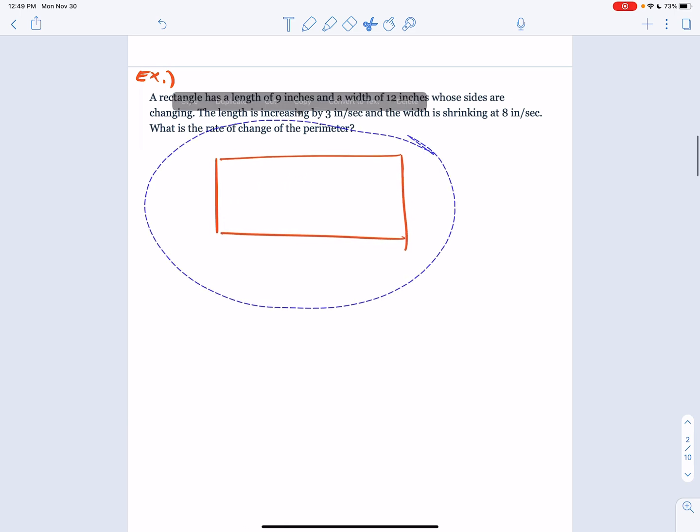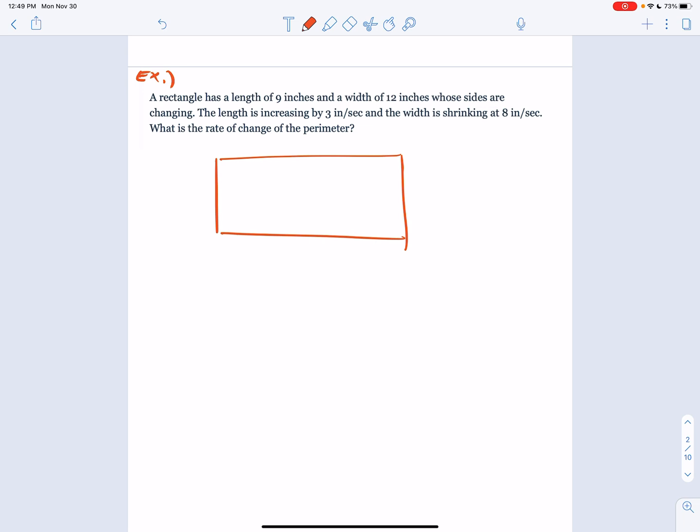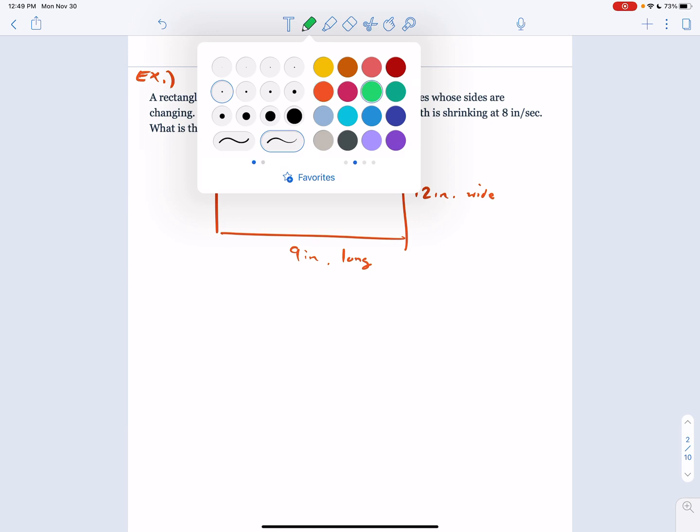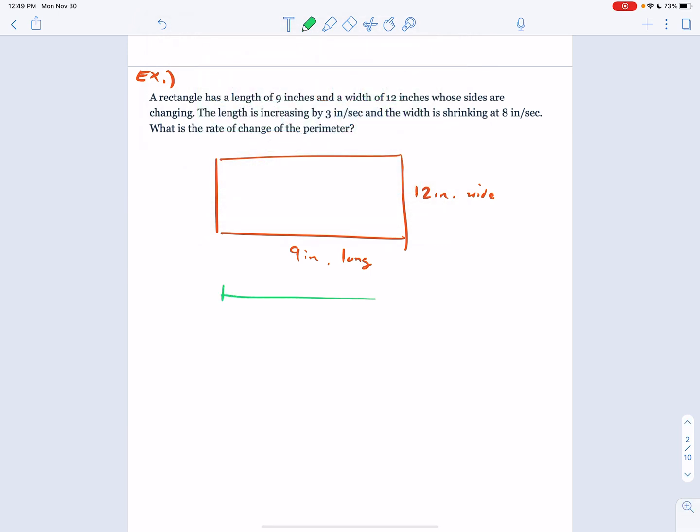So specifically, we know that the rectangle is currently 9 inches long and 12 inches wide. And it could be the other way around, but it really doesn't matter. Okay? Now, it tells you that the length is increasing by 3 inches per second and the width is shrinking. So, to kind of illustrate this here, this length is getting longer.